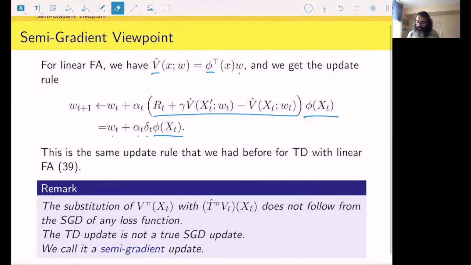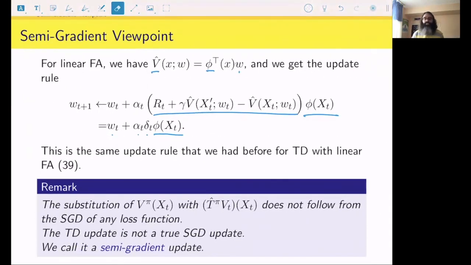So one question you may ask is, what would happen if instead of V pi in the target, which we don't know, we have something like reward plus gamma V of the next state there, start from a different objective and then do SGD for that.